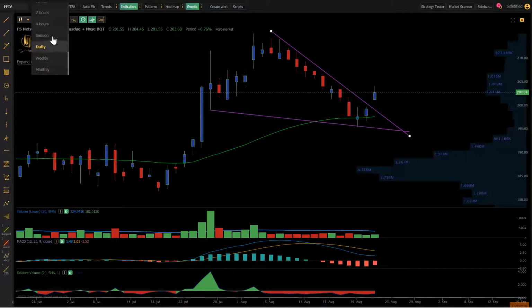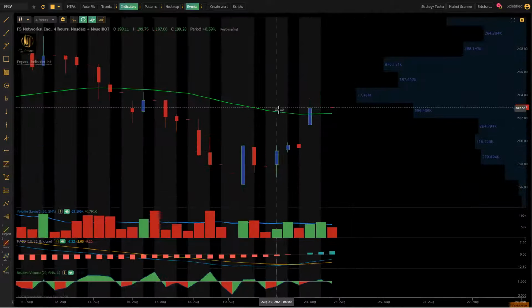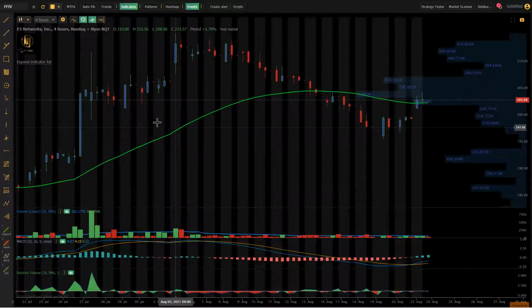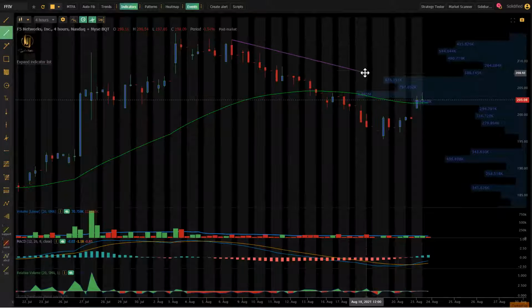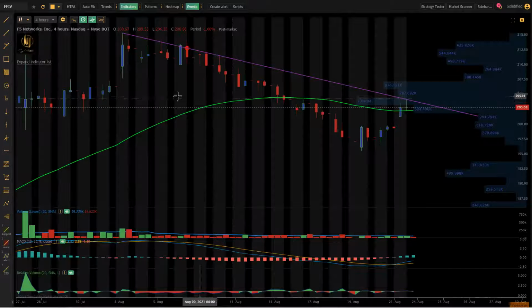On the 4 hour, I'm seeing that looks good. We got some time frame continuity here. So I'm just going to do this like this. All right, so we already had a breakout, so now we need another breakout, right? So let's do it like this.